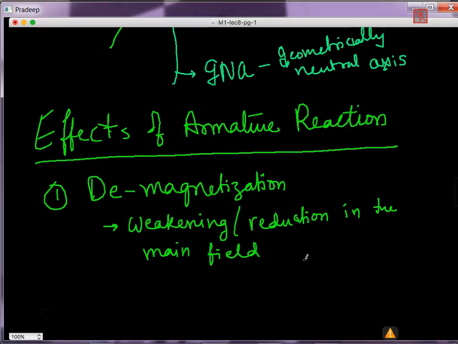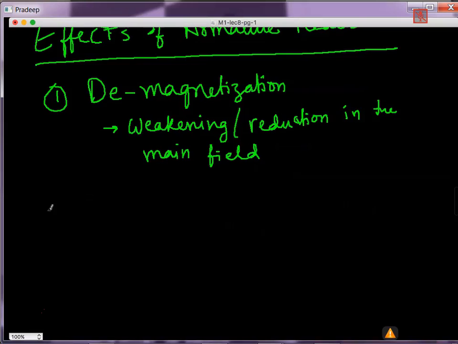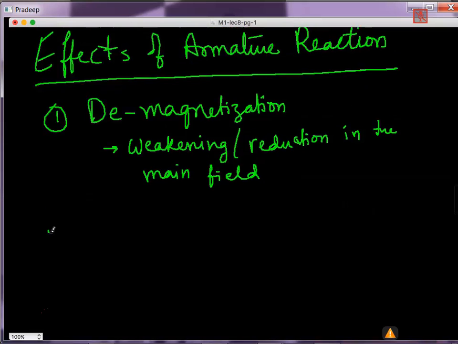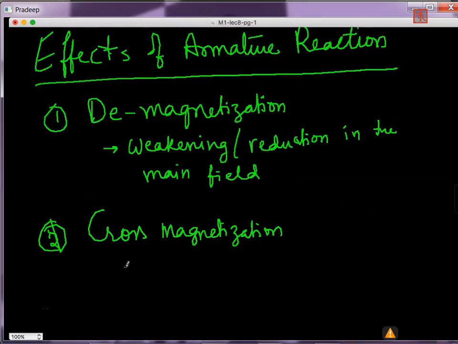And the second effect is cross magnetization. This is nothing but distortion of the magnetic field.